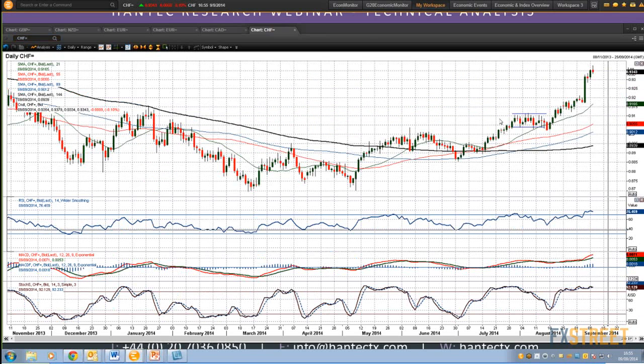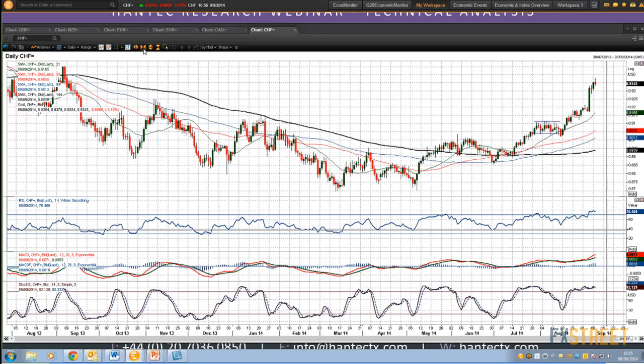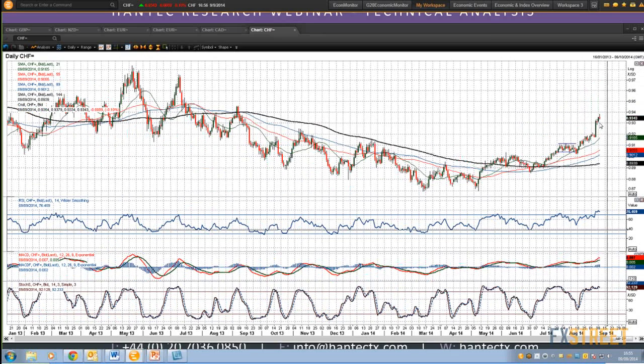Okay, CHF, dollar Swiss. Anyone trade that? Well, dollar Swiss basically is a proxy for the euro, because of the 120 support that the Swiss National Bank has. And if you flipped this chart around, it would look pretty much like euro dollar. So hence why we've seen a significant upside break in dollar Swiss in the past few days.